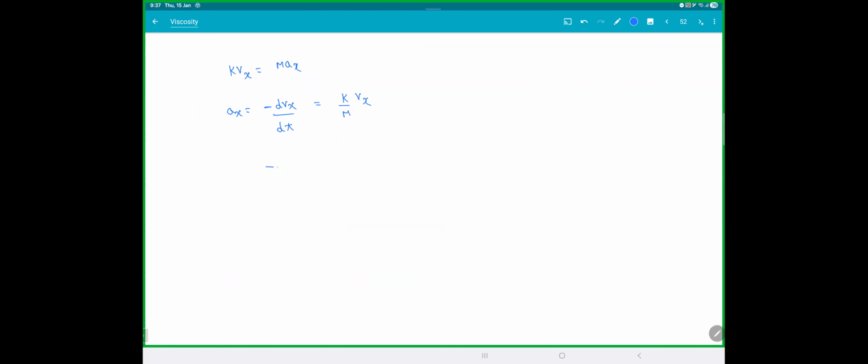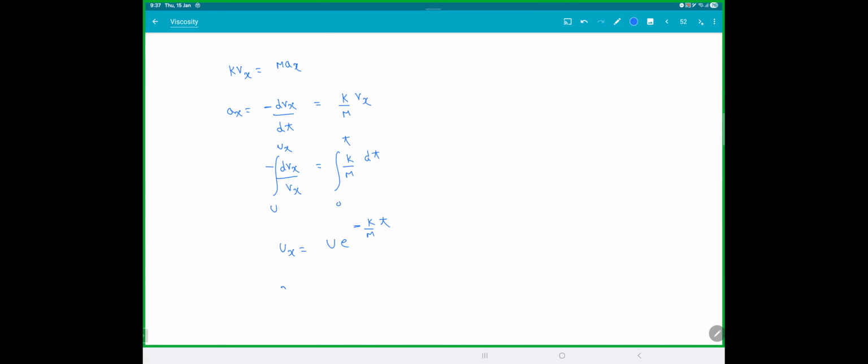This is a little better integration. It comes out faster. Limits will be u to ux and 0 to t. We get ux is equal to u into e power minus k by m dt.